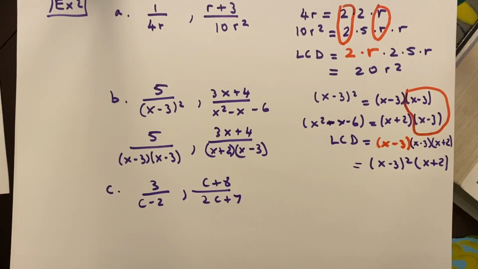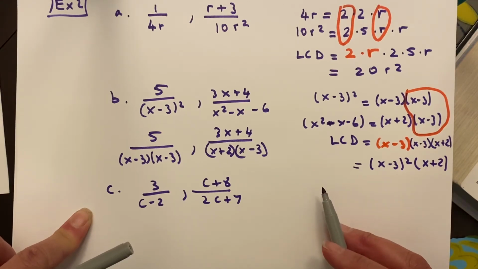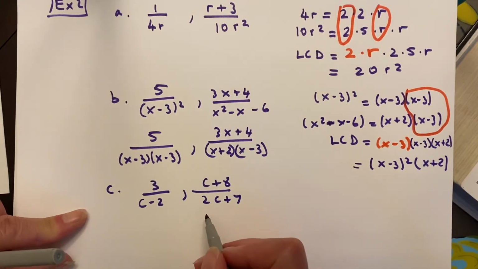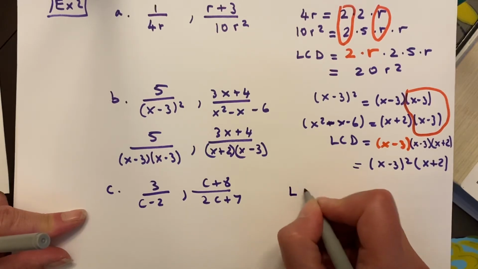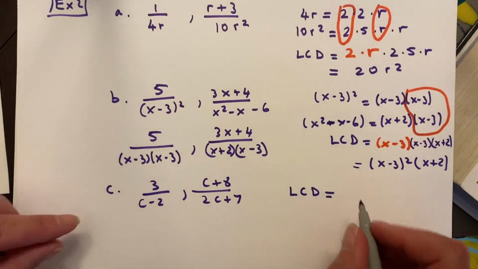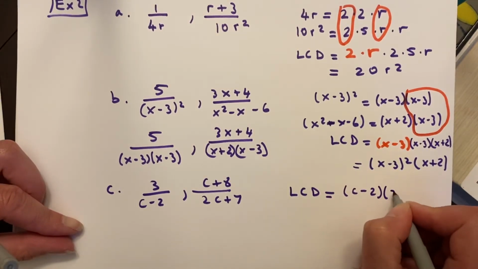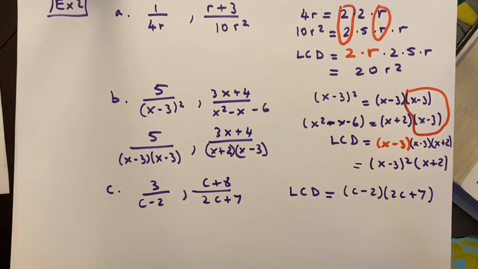Well, here, if I try to find the least common denominator, I can't break either of these down any further than they already are. So this is actually an easy one to find. The LCD is just going to be a combination of both c minus 2 and 2c plus 7.